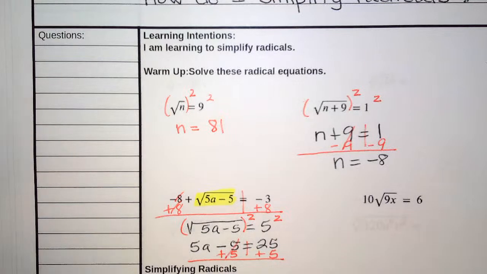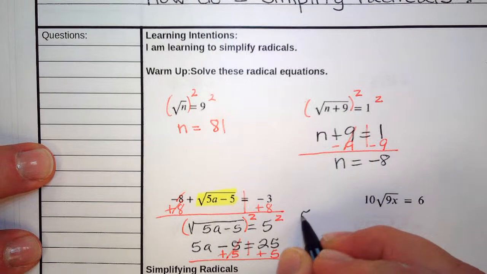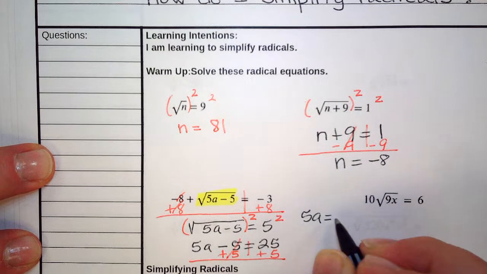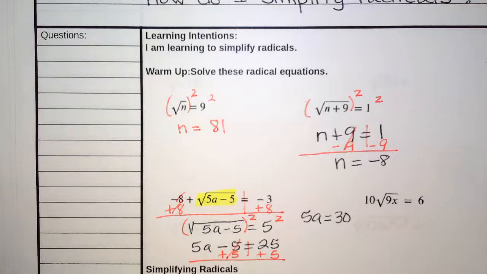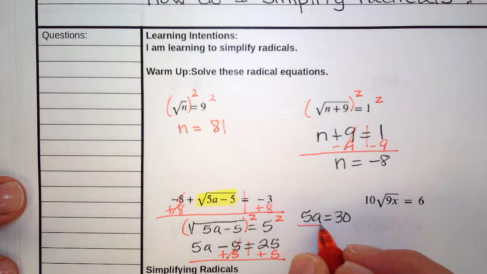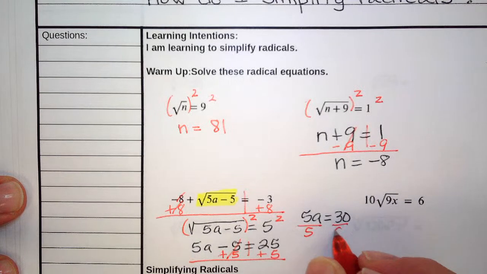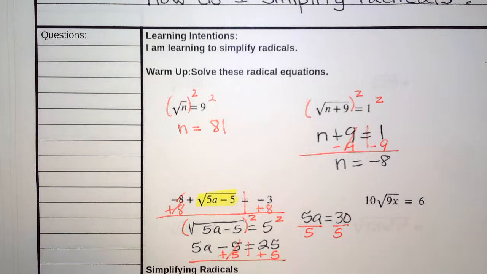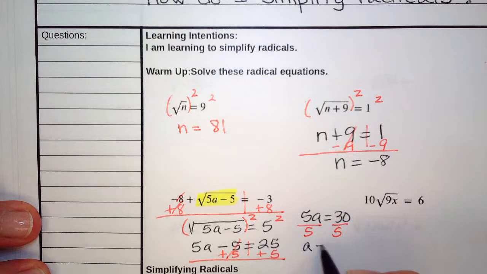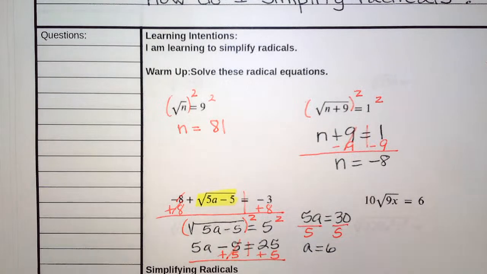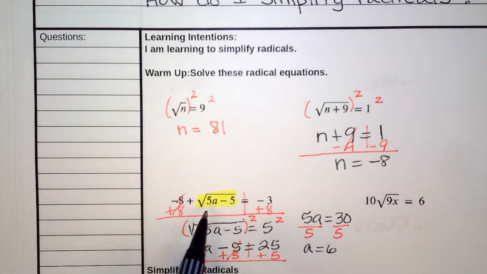It's gone here. 5a is equal to 30. Divide by 5. And a is equal to 6. 5 times 6 is 30. And 30 minus 5 is 25. The square root of 25 is 5.